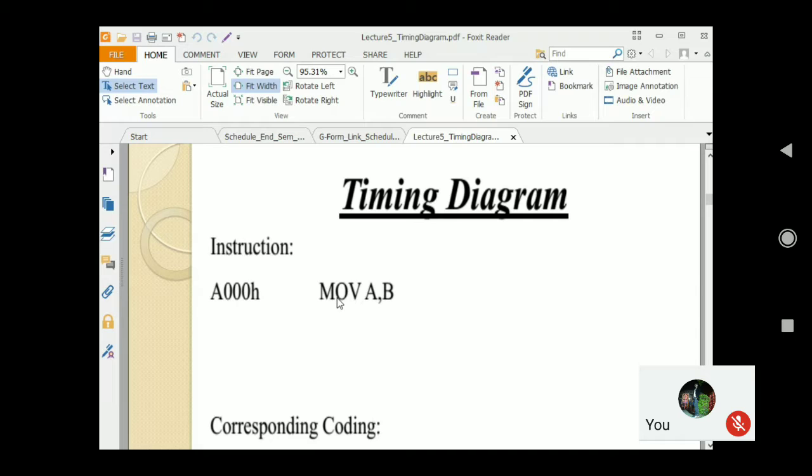So this is the address where this particular move operator is going to move the content of B to the accumulator, and this is the starting of that address. The address is 16 bits, in 16-bit hexadecimal form.